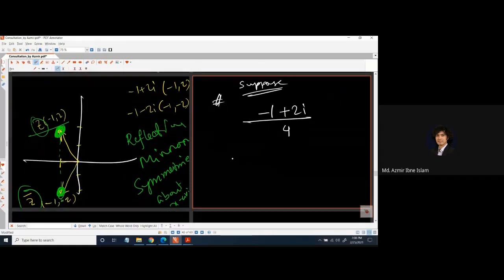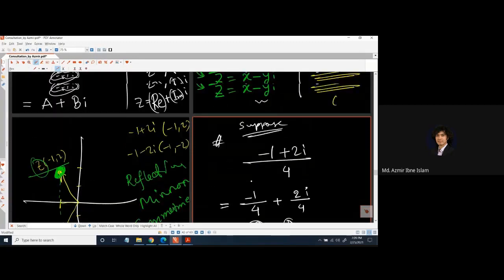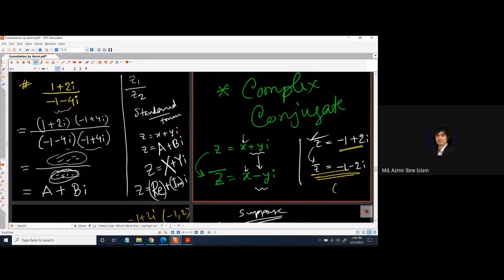Our target is to write it in standard form, so we can easily separate: -1/4, and with some simple algebraic calculation, plus 1/2 i. So this is now in a plus bi form, x plus yi form. This is the complex number z. This is what you have to do here.